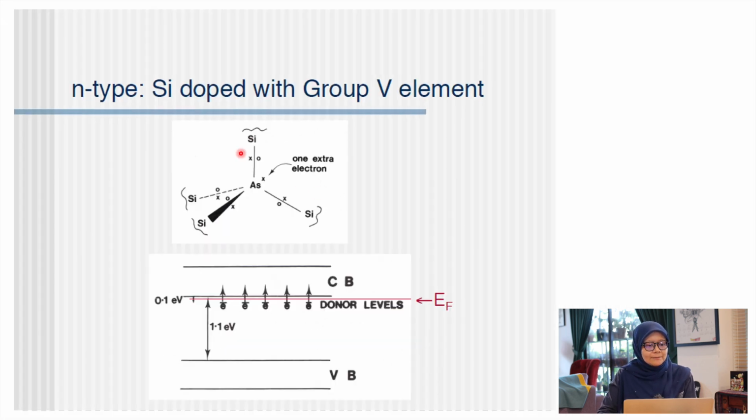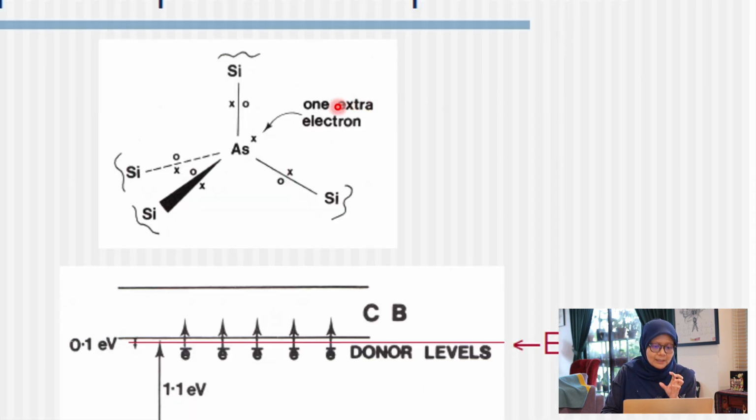Then let's say silicon is doped with a group 5 element, for example arsenic, which is group 5. Silicon can occupy only a maximum of 4 bonds. So what happens here? Arsenic is group 5, which means it will have 1 extra electron.